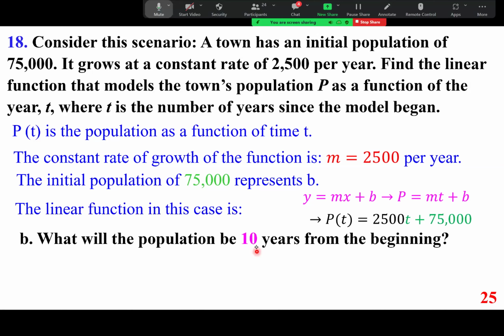What would be the population in 10 years? Replace the t with 10. This is 25,000 with 75 becomes 100,000. That would be the population.